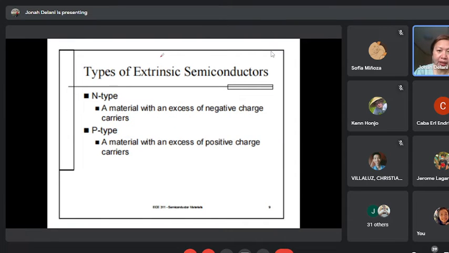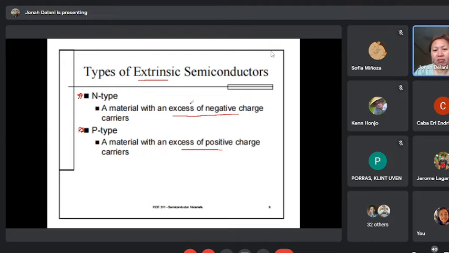So, when we add impurities to a semiconductor, we call it extrinsic. There are two types of extrinsic semiconductor: the N-type and the P-type. When we add substances, either there would be an excess of negative charge or an excess of positive charge carriers.